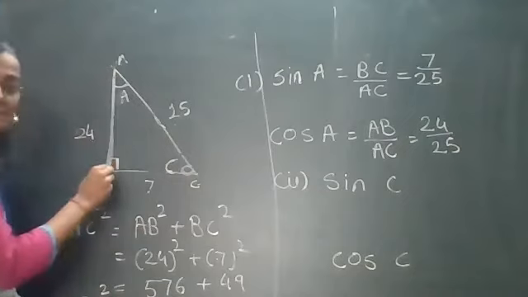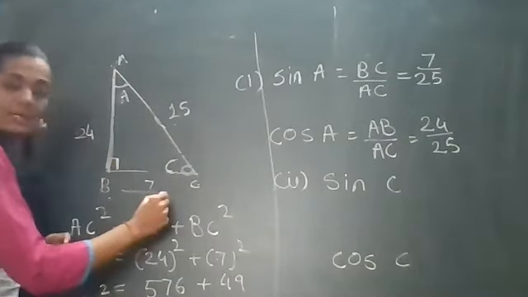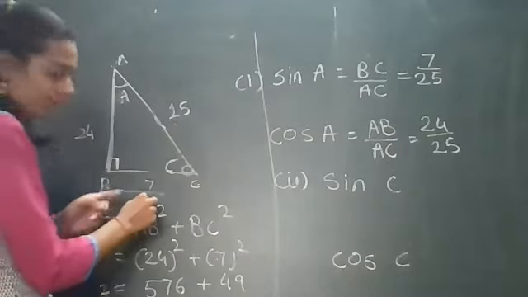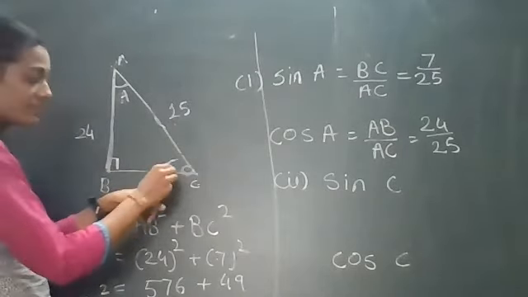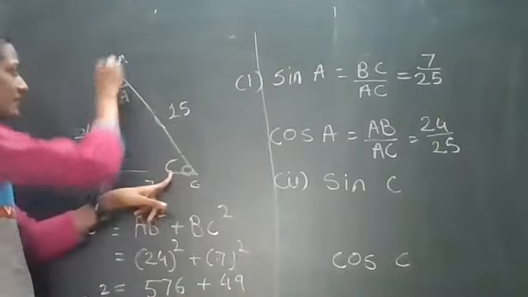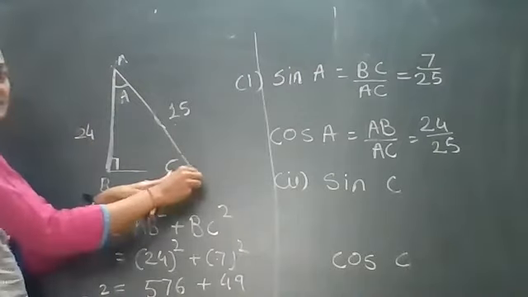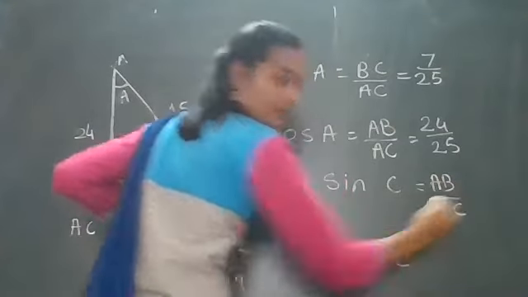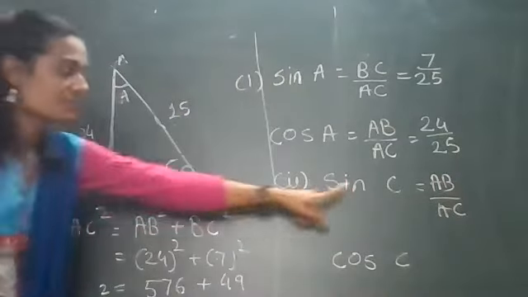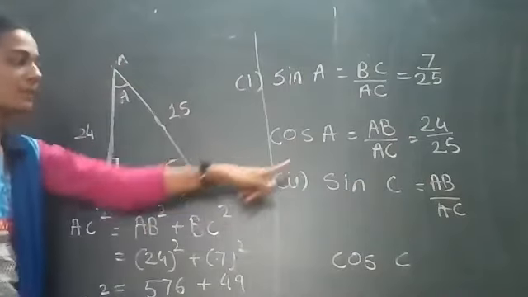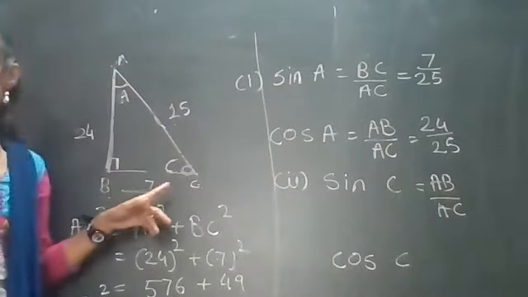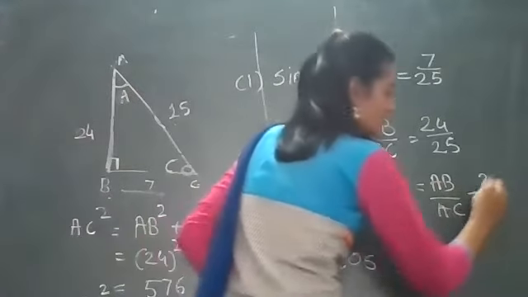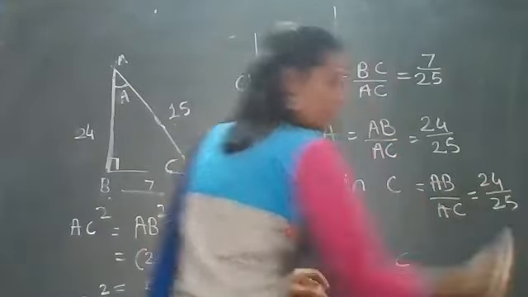AB is the opposite side and BC will become its adjacent side. So considering sin C, we write AB upon AC, because we have considered angle C. Now what is the value of AB? It will be 24 upon 25. Understood this much?